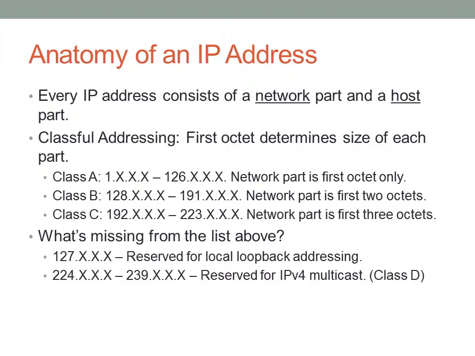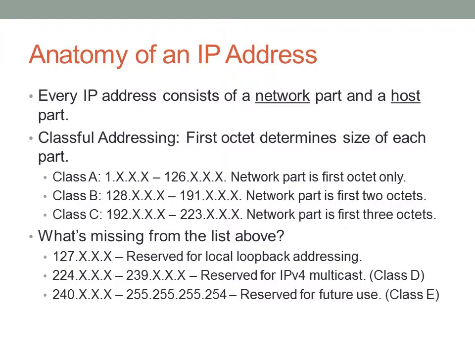And there are several different multicast addresses that we'll talk about over the course of these presentations. The last range is from 240 to 255, and that's reserved for future use. It's Class E. You probably won't see these implemented. You may eventually end up seeing these implemented for some later IP networks. Now that we're kind of running low on IPv4 addresses, you may see some of these used.